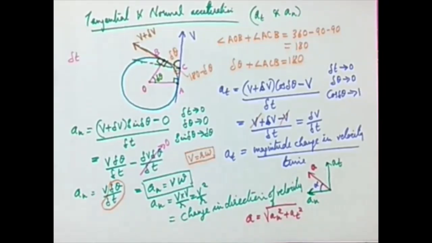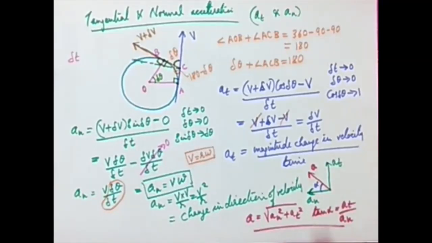This we have seen from the very basic, in the very first module itself, how to calculate the resultant of two forces or two vectors. So at square plus an square will give the magnitude of the resultant acceleration. And what about alpha? That we can get by considering tan alpha. What will be tan alpha? Tan alpha will be at by an.